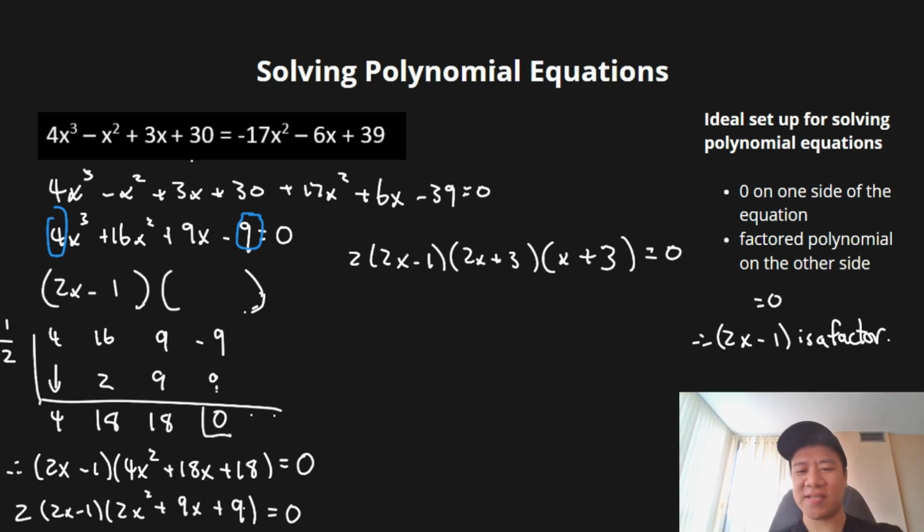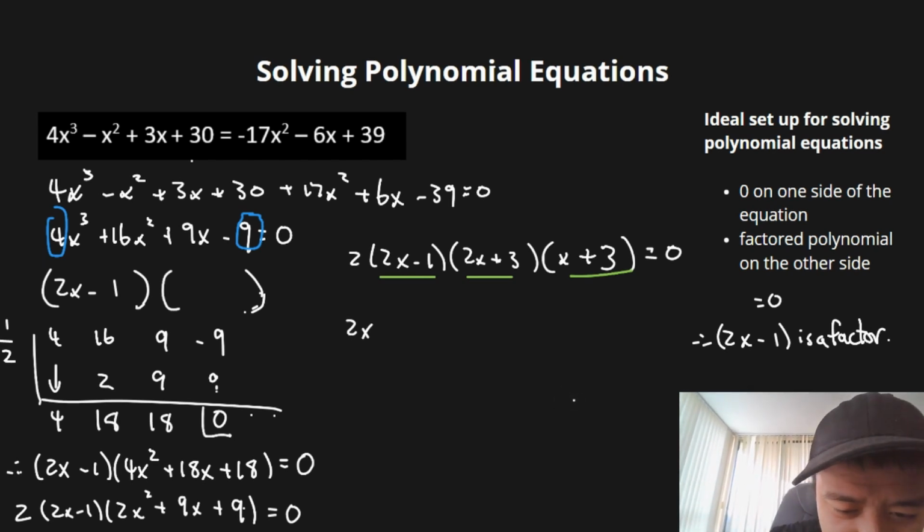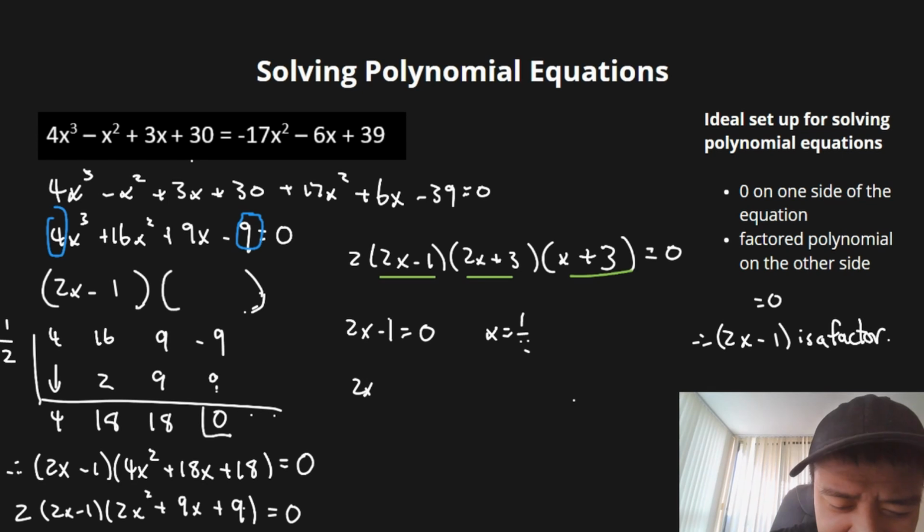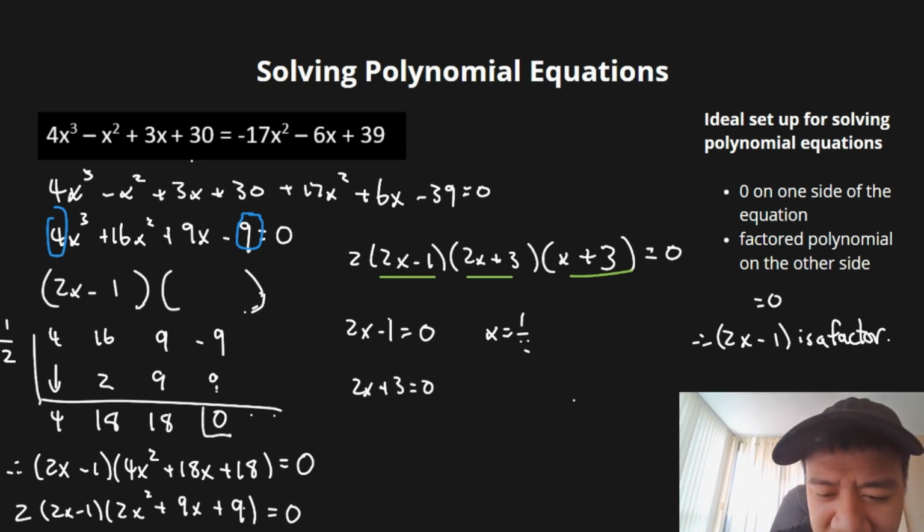Okay, sweet. So now we have our ideal setup. And after this, all we have to do is solve each of these simple equations. Just set each one of these brackets equal to 0, and solve those equations. So we have 2x minus 1 equals 0, x equals 1 over 2. 2x plus 3 equals 0, x equals negative 3 over 2.